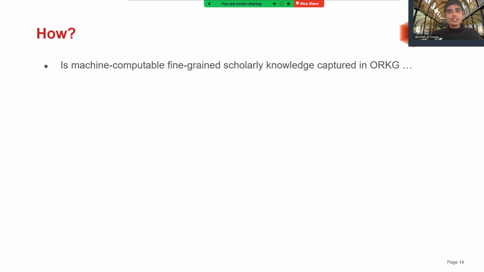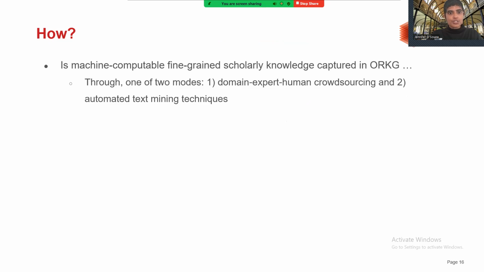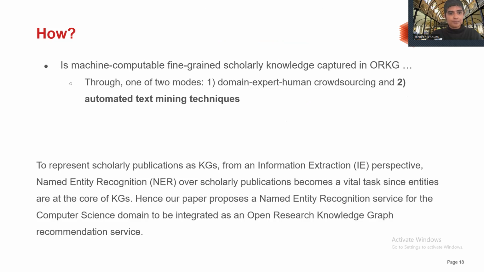So then the question is, how is this machine-computable fine-grained scholarly knowledge captured in the ORKG? This is done through one of two modes, either through domain expert human crowdsourcing or through automated text mining techniques, which now brings us to the focus of this paper.